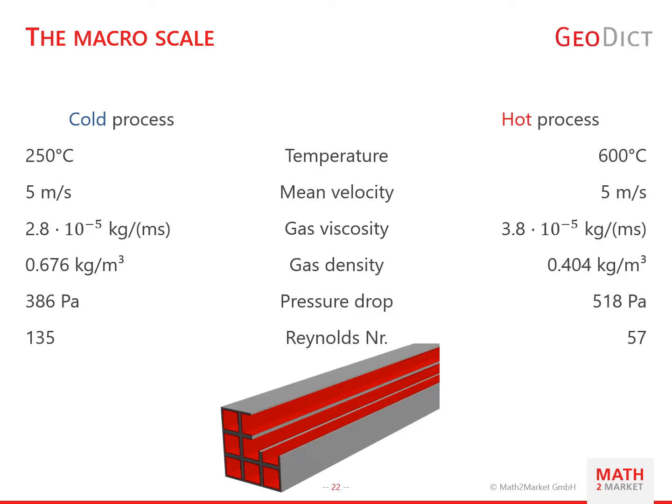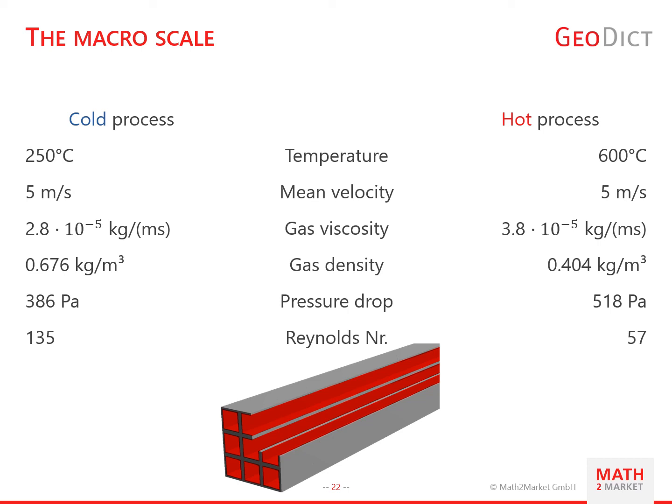The macro scale results are here, and again we did both hot and cold process. Here you see we have the same mean velocity of gas flow going through our structure, but due to temperature differences, our gas viscosity and gas density are for sure different. In the cold process, we have a gas viscosity that is lower than in the hot process, while our gas density is vice versa.